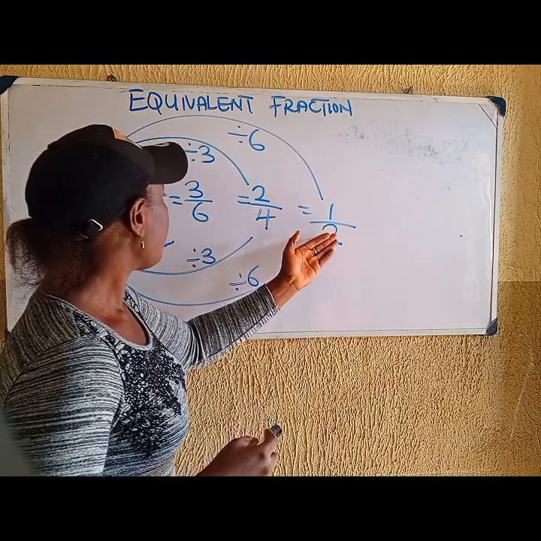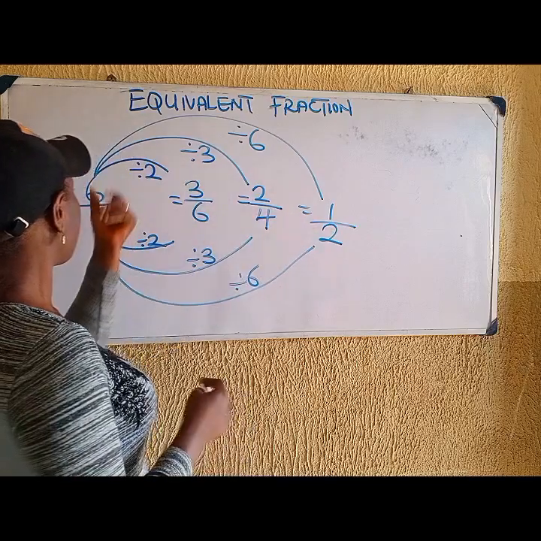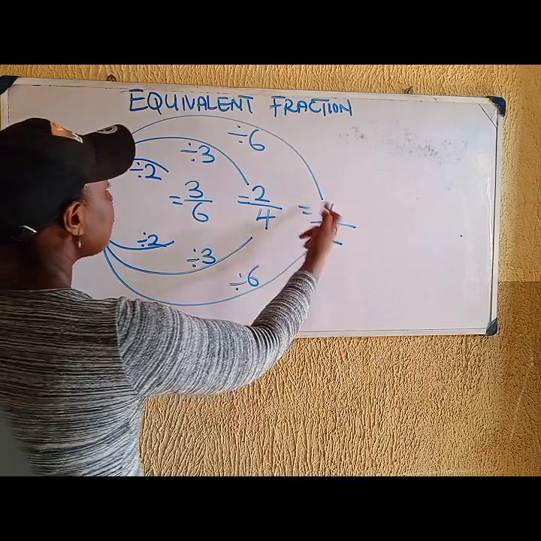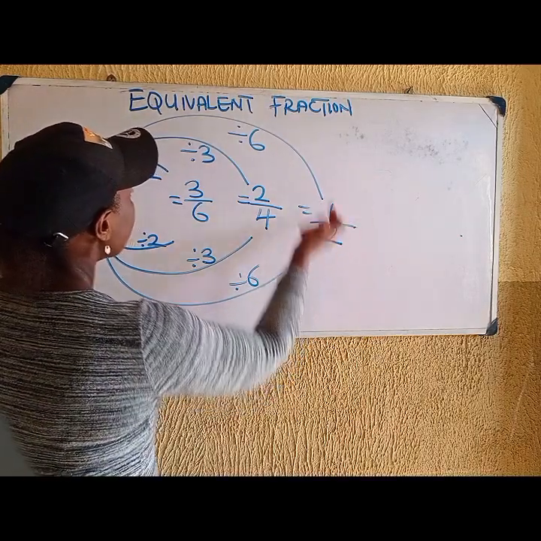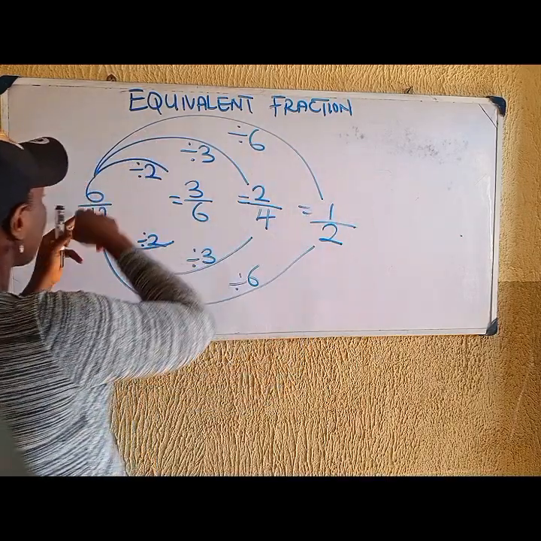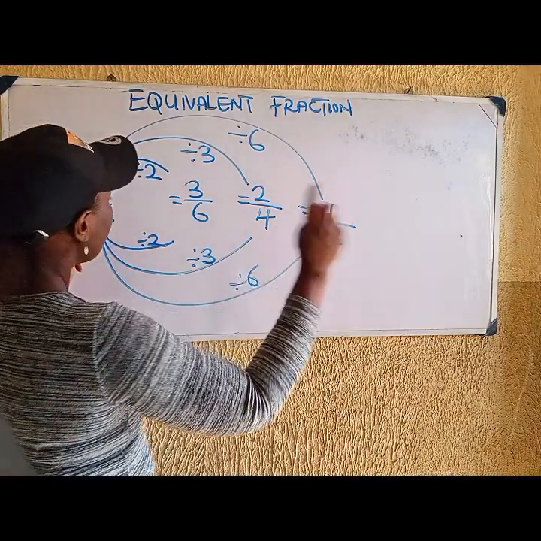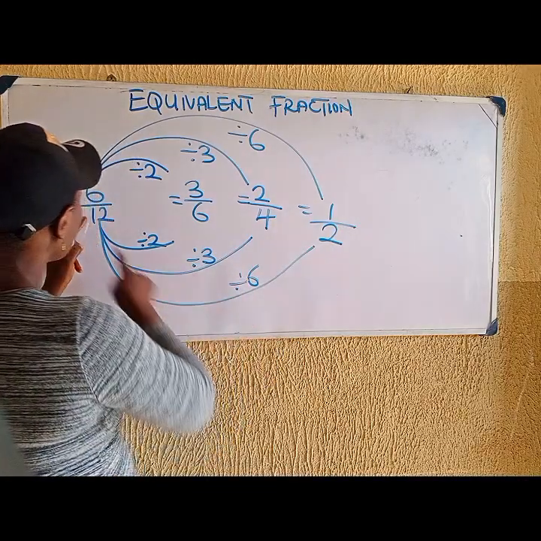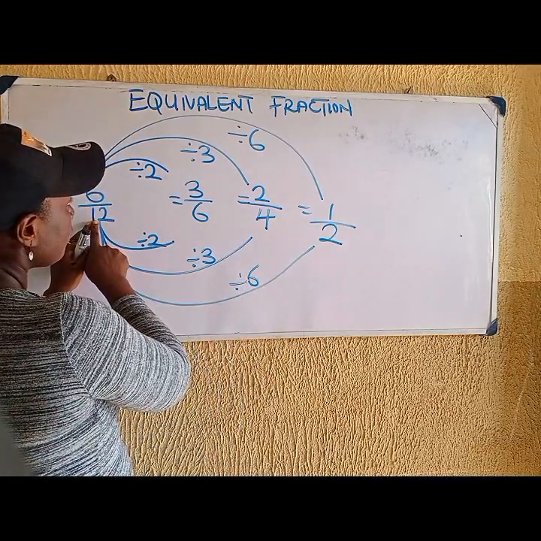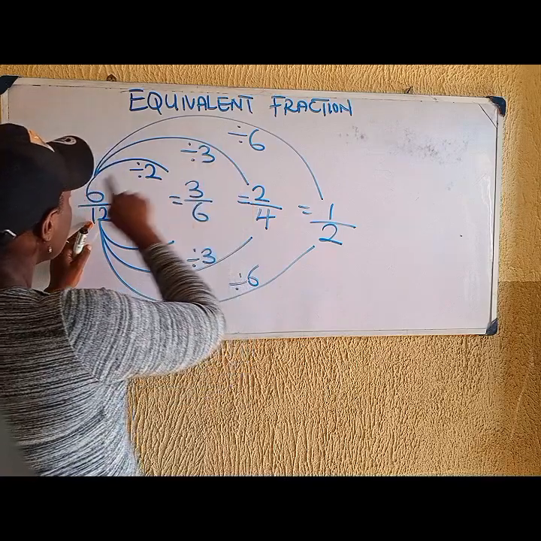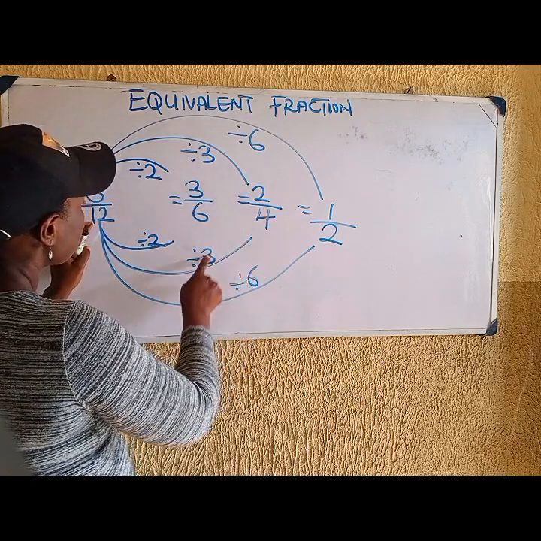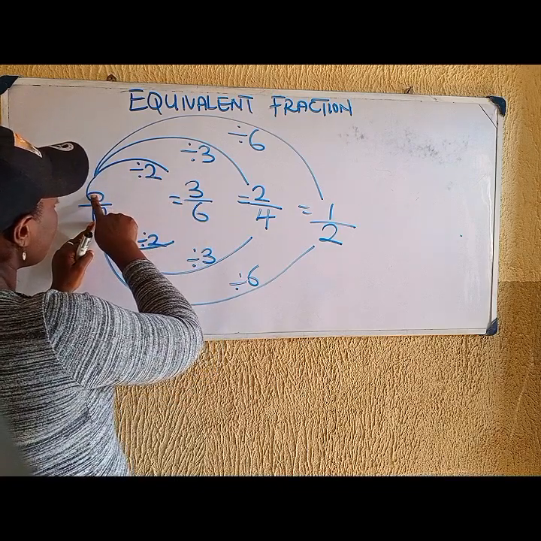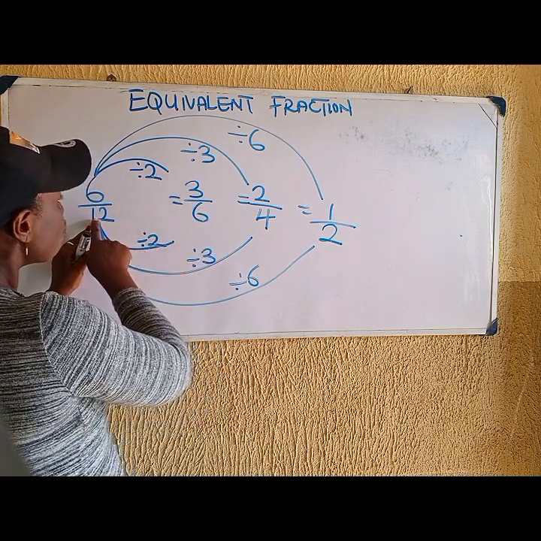All these are now equivalent fractions of 6 over 12, because when you multiply 1 over 2 by 6, you will get back 6 over 12. Now look, 1 times 6 is 6, 2 times 6 is 12. 2 times 3 is 6, and 4 times 3 is 12. 3 times 2 is 6, and 6 times 2 is 12.